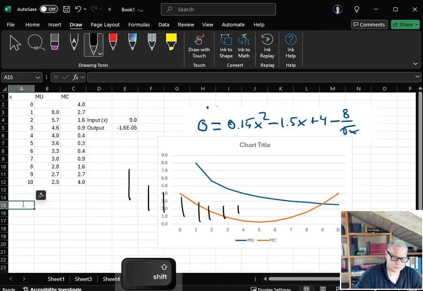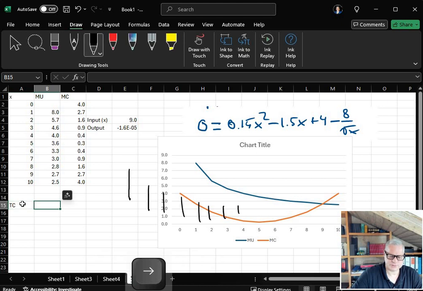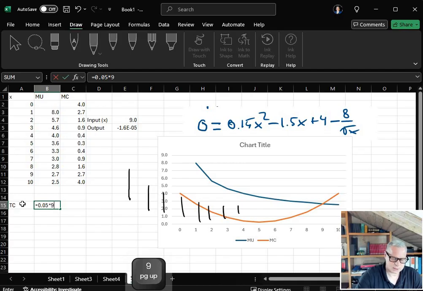The total cost we said is equal to 0.05 times 9 cubed minus 0.75 times 9 squared.